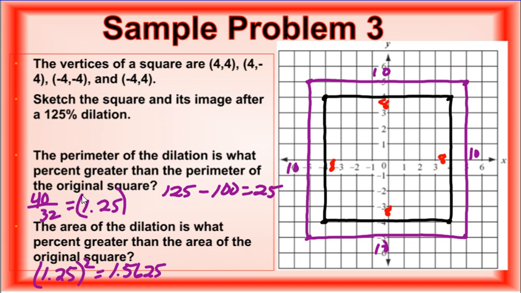So if I multiply that by 100, that's how you'd get 156.25%. So we're comparing the area. I would just take my 156.25 and subtract the 100%, and you would get 56.25% greater than the original one. Again, we're just comparing. That's what that greater part means.